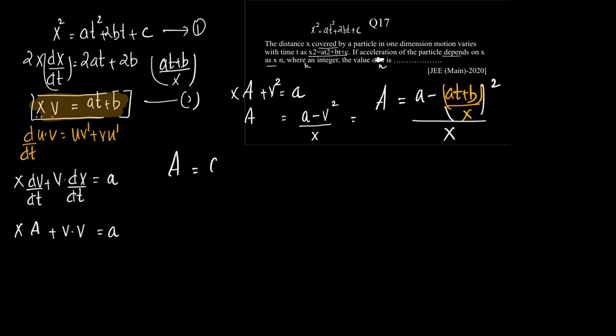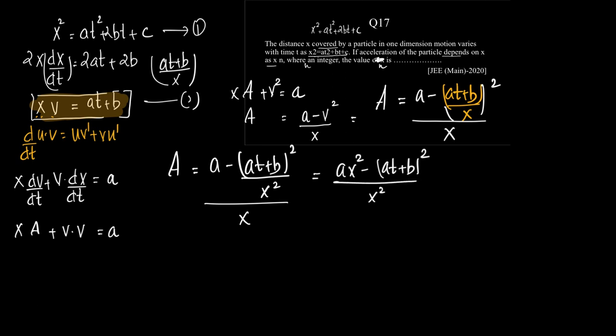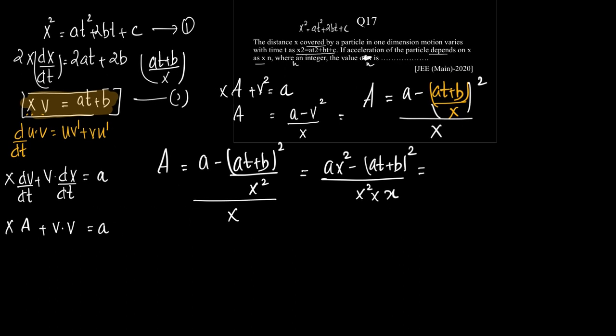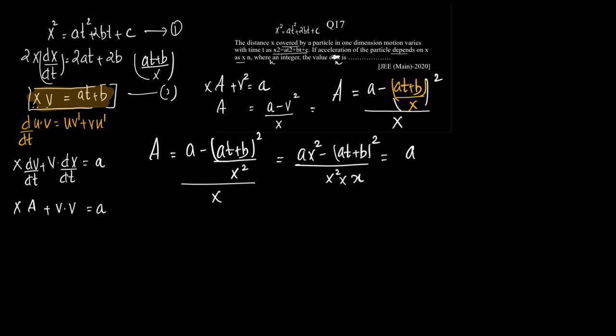So capital A will be equal to a minus at plus b the whole square, the whole upon x square, the whole upon x, which I'll write as a into x square minus at plus b the whole square, the whole upon x square into x, right? So if we open the bracket, this will be equal to a into x square minus a square t square minus b square minus 2 into a into t into b, the whole upon x cube, right?